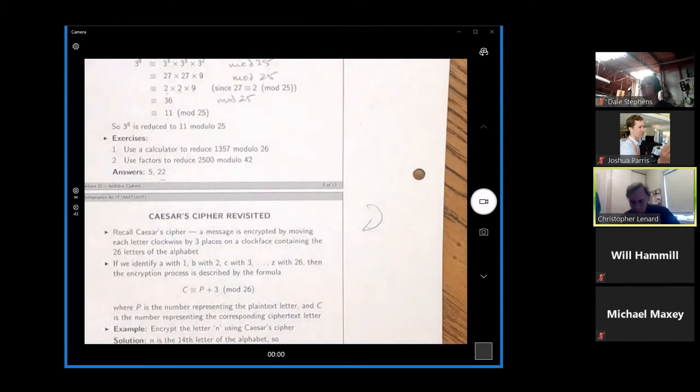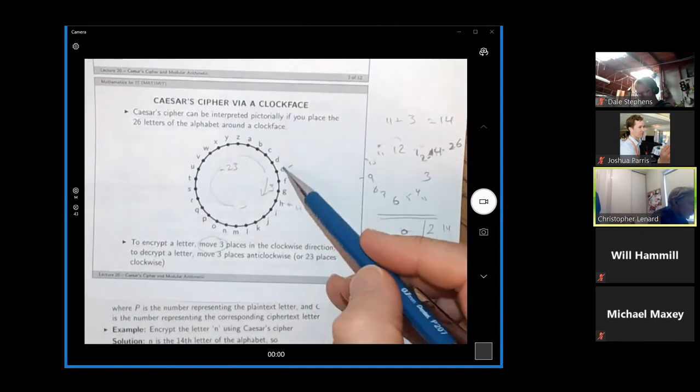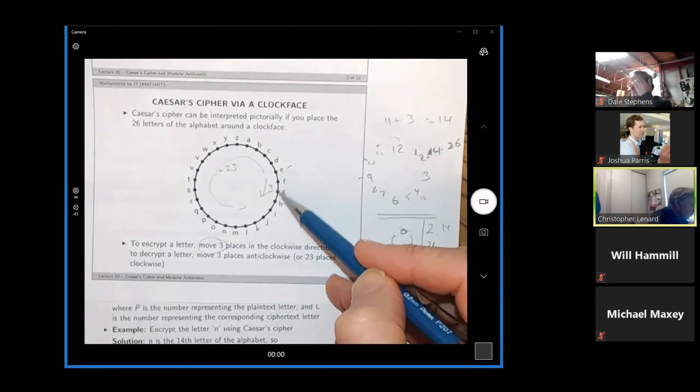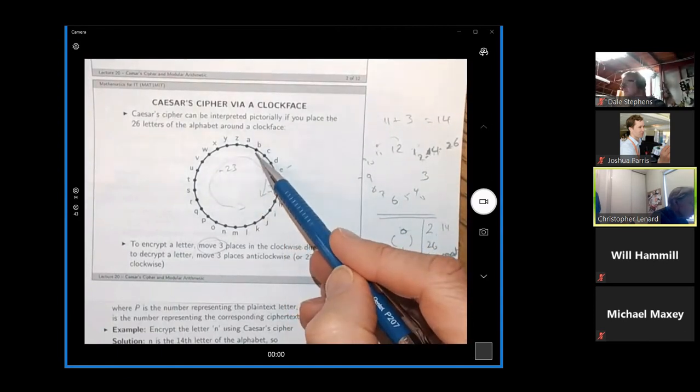Just bear with me because I do want to find it. There we go. Yeah, so there's our clock face. The Caesar cipher means shift forward 3. So E becomes H. Y becomes 1, 2, 3, becomes B.